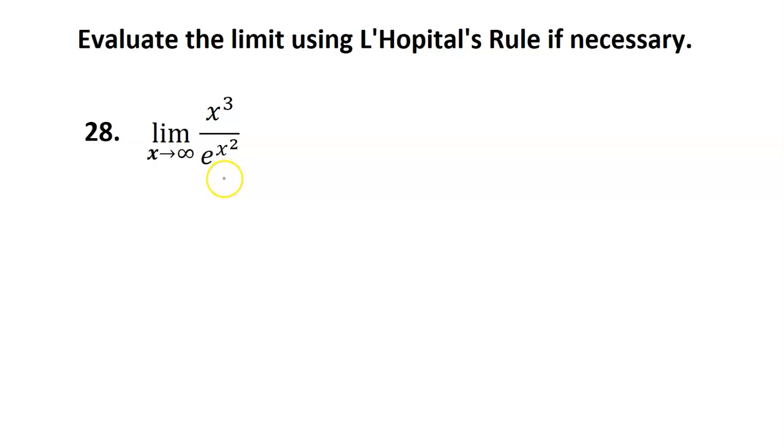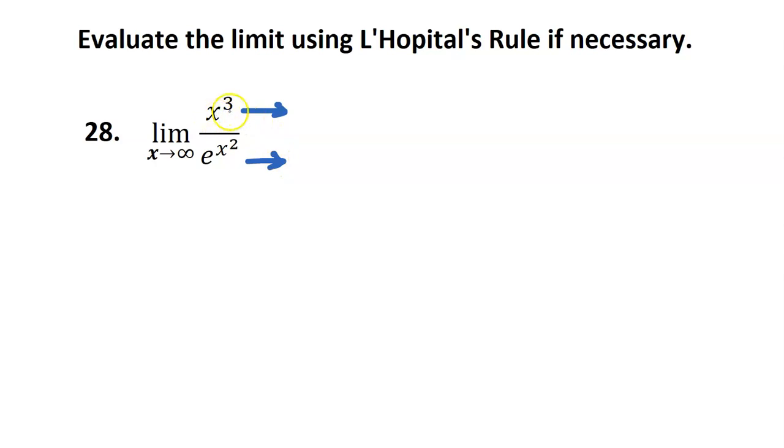Before you can use L'Hopital's rule, you have to show that you are approaching 0 over 0 or infinity over infinity. And you have to be careful about how you show it. You want to use two separate arrows, one for the numerator and one for the denominator.